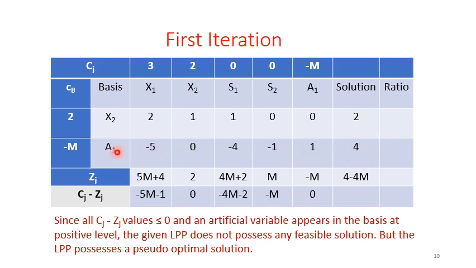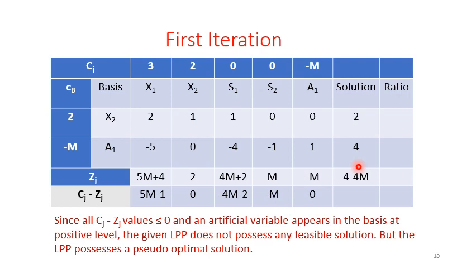When an artificial variable is there in the final solution when optimality condition is reached with a positive value, we say that even though the optimality conditions are satisfied, this LPP does not possess any feasible solution, but it will possess a pseudo optimal solution.